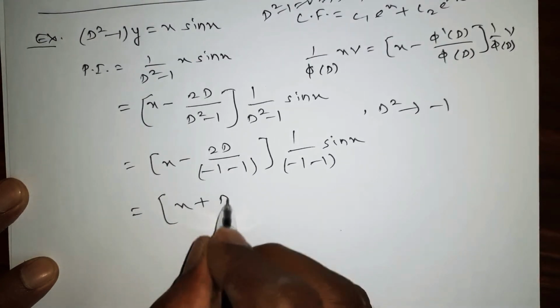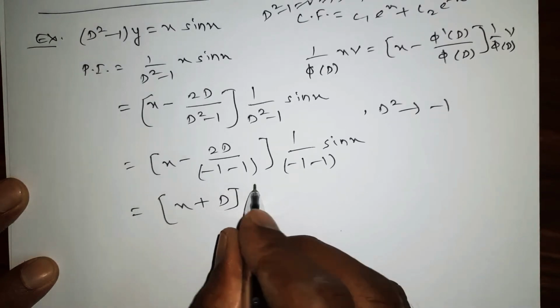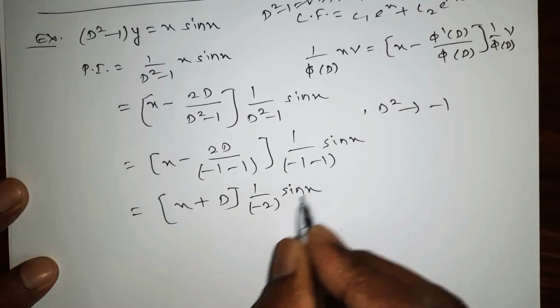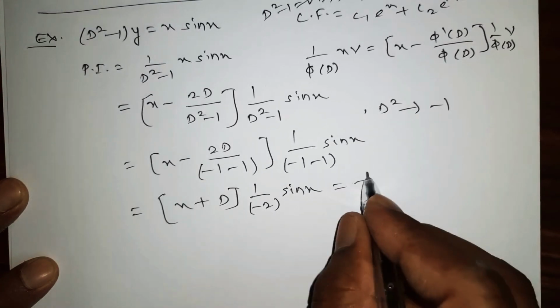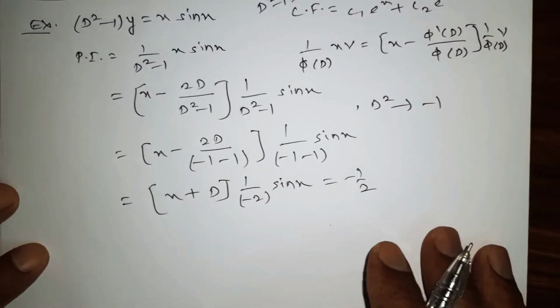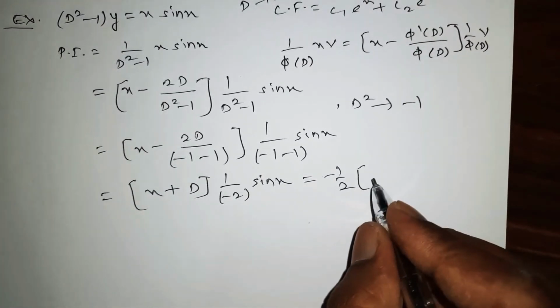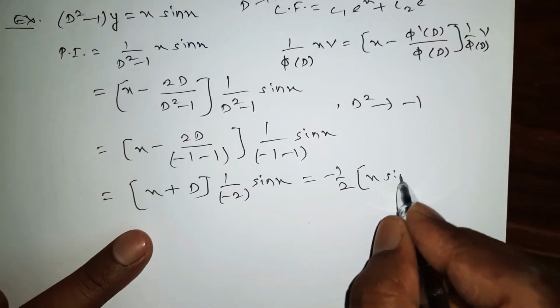So I get x plus D. Do your calculation: 1 upon minus 2 operating on sin x. This 1 upon minus 2 I take in front, minus 1 by 2, take common.